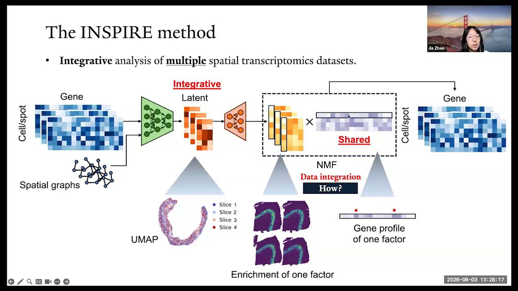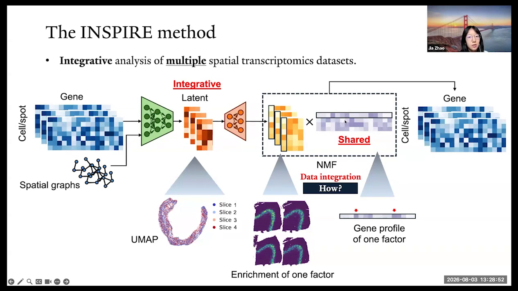To achieve interpretability simultaneously for multiple sections, very importantly, we should keep only one gene loading matrix, because we want to understand particular factors whose meaning is known and shared across sections, and we want to know their specific distributions on different sections. So for multiple section analysis, it's very important to have a shared gene loading matrix.